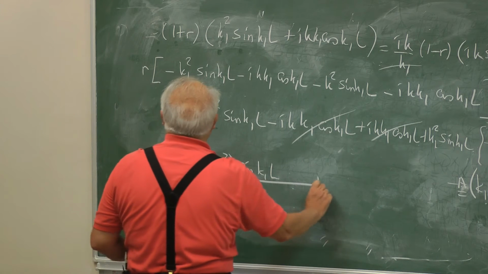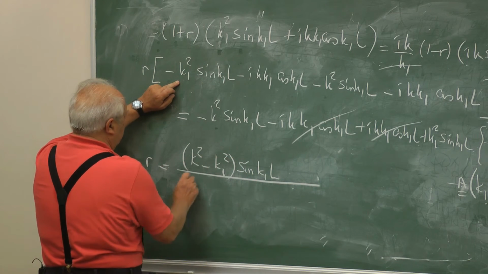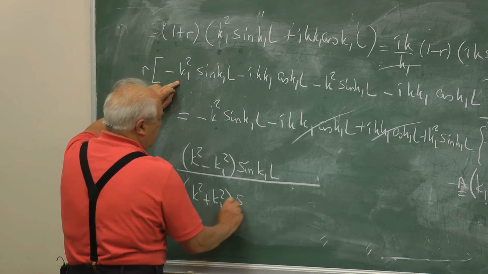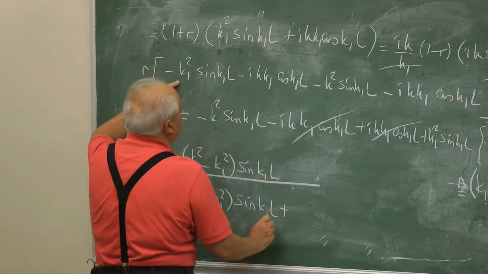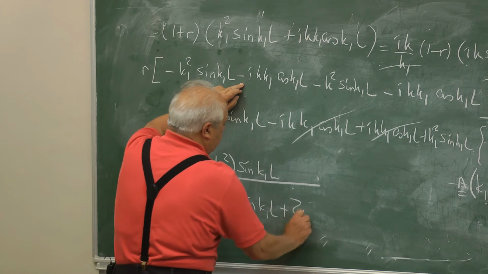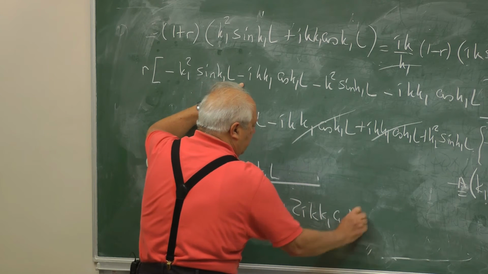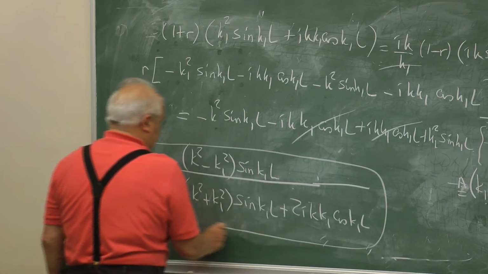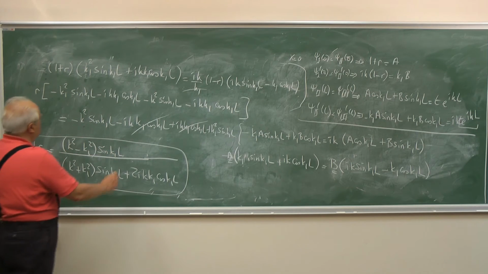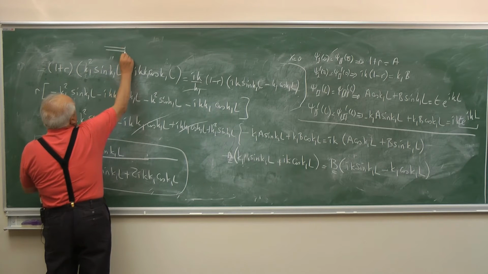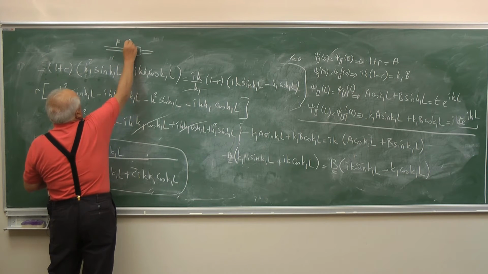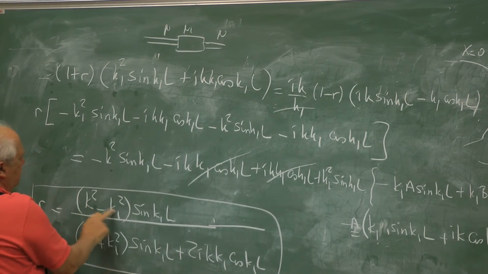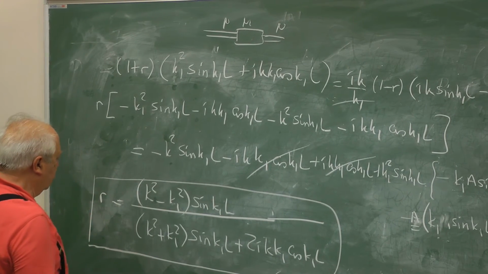divided by k square plus k1 square sine k1 L plus 2i k1 cosine k1 L. Notice that again, if k is equal to k1, namely mu, mu1, mu, if they are all the same, then k is equal to k1 and this drops.